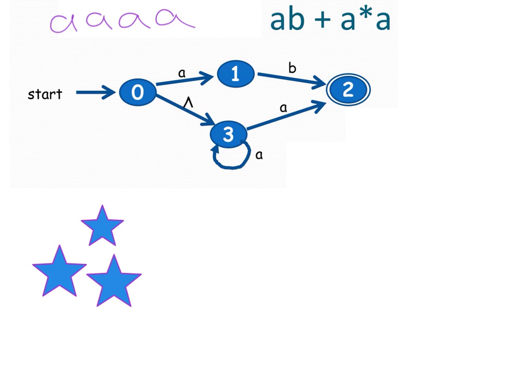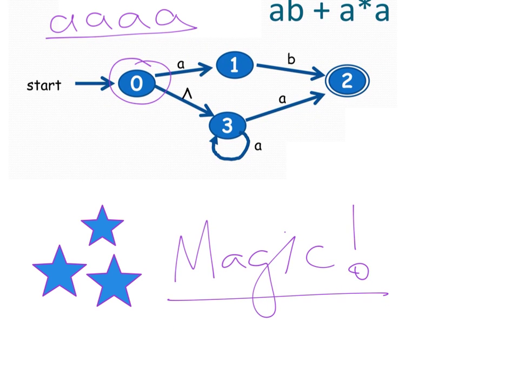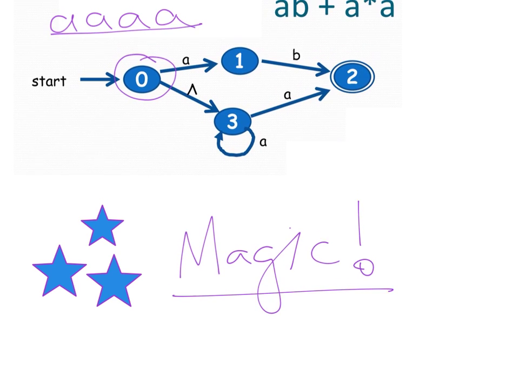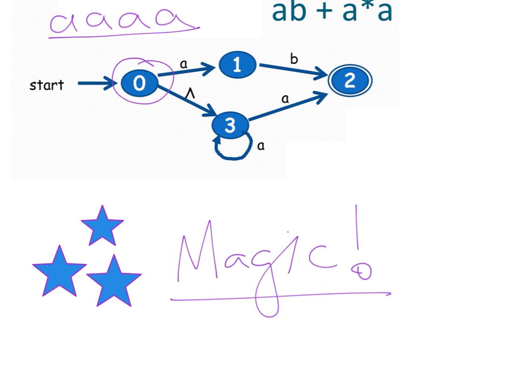And then magic, I'm at state 0. I think I'll take this transition from state 0 to state 3, which is totally legal because it's a lambda transition, so I can take it. And then I need to decide, what do I do next?